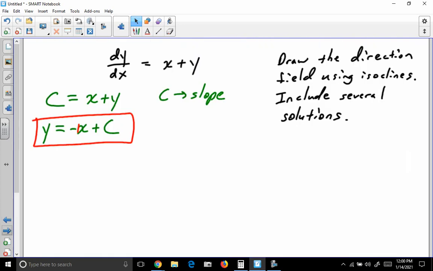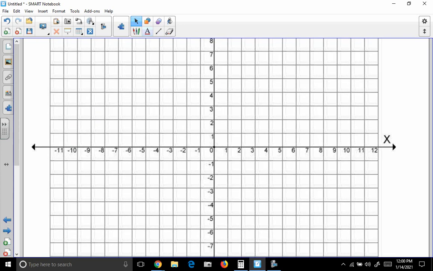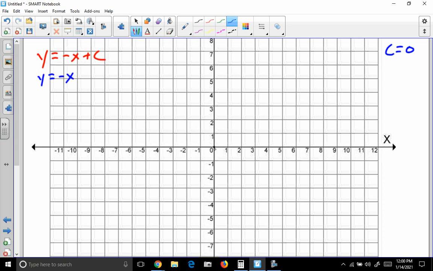We write out that relation y, C, then when C is 0, we would get the equation y equals, which has a y-intercept of 0 and a slope of -1. So I'm going to draw a line here, and we're going to come back and take that line off later.